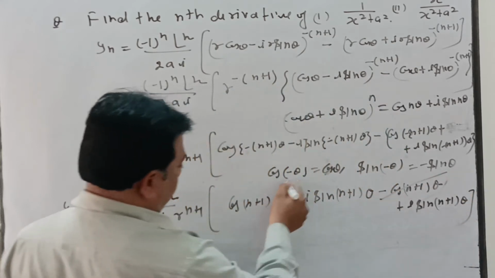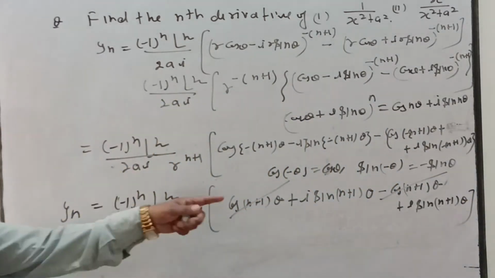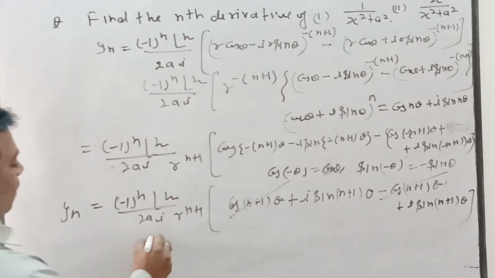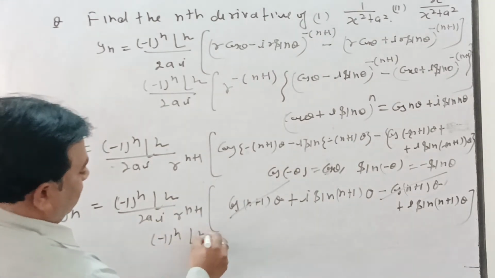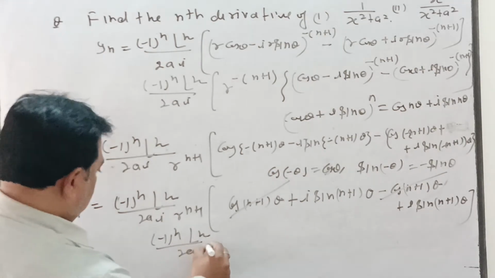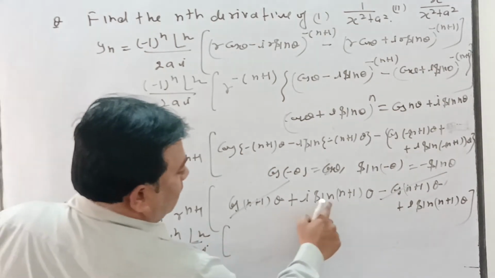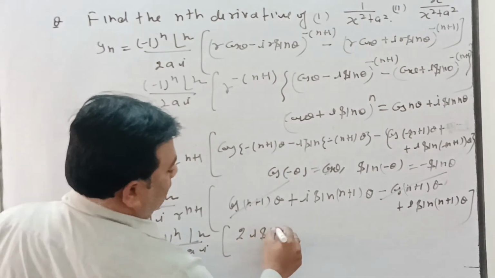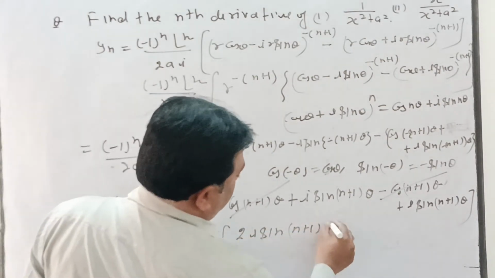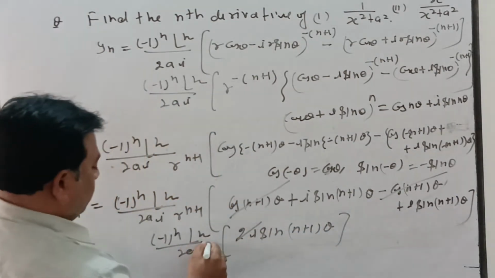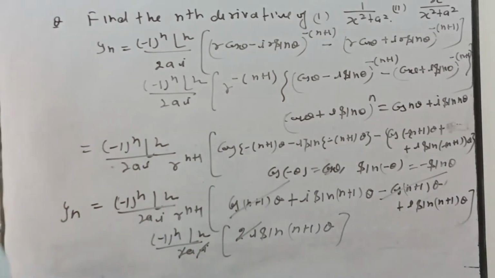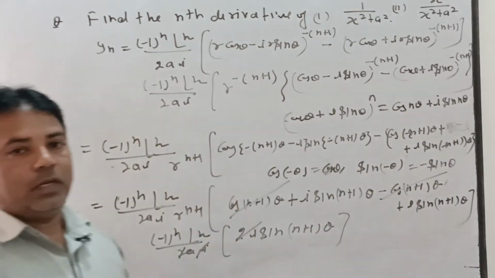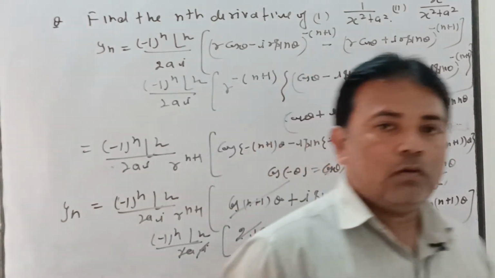This is the negative value, this is the positive value, cancel both of them out. Then (-1)^n n! over 2ai, i sin (n+1)θ, 2i cancels out. If you have any doubt about this question, please tell me.